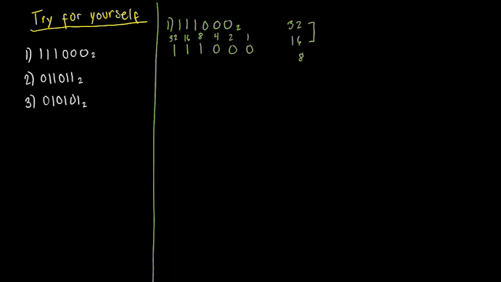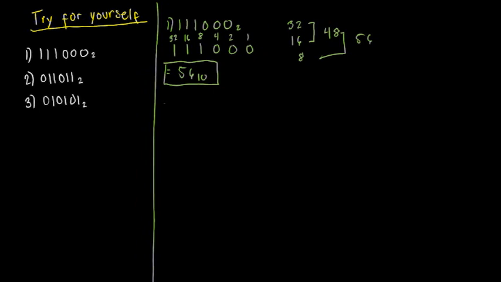So 32 plus 16 is 48, and then 48 plus 8 is 56. There you go. 56 would be our decimal number. Don't forget to add the 10 at the bottom right of the number, to prevent confusion.